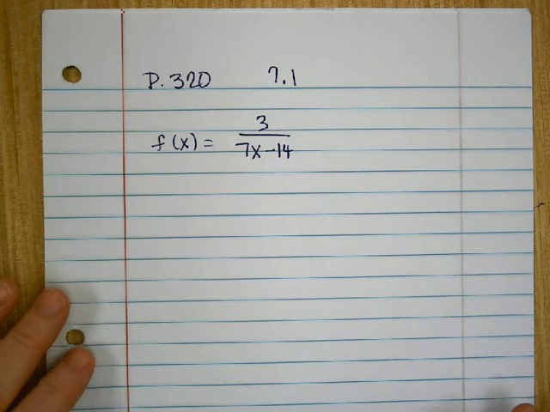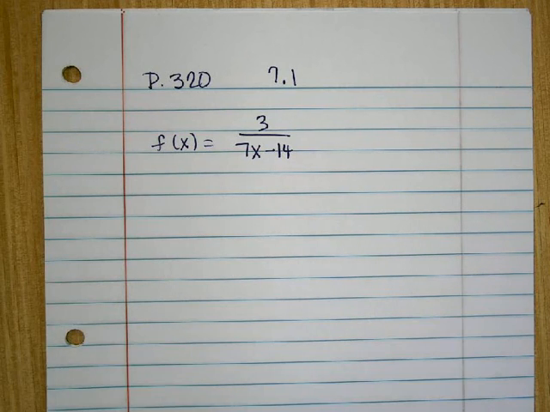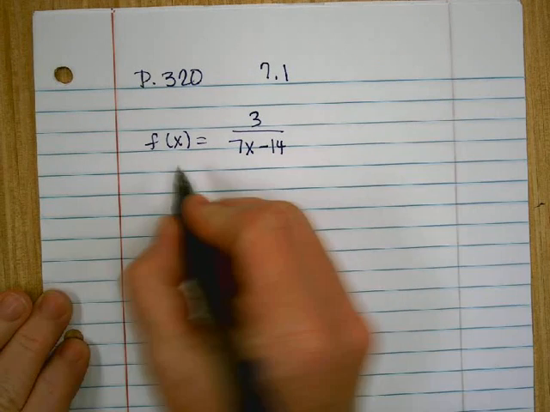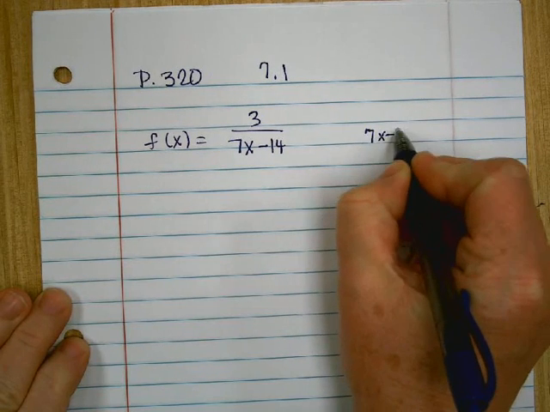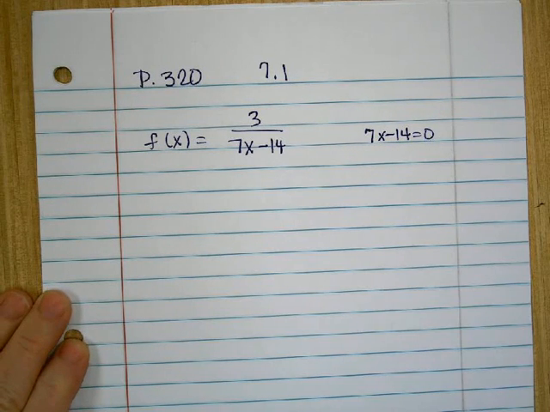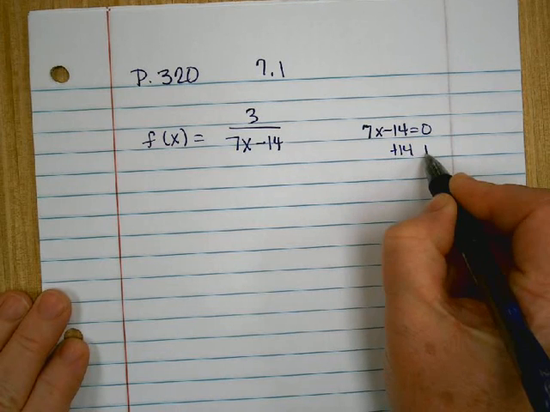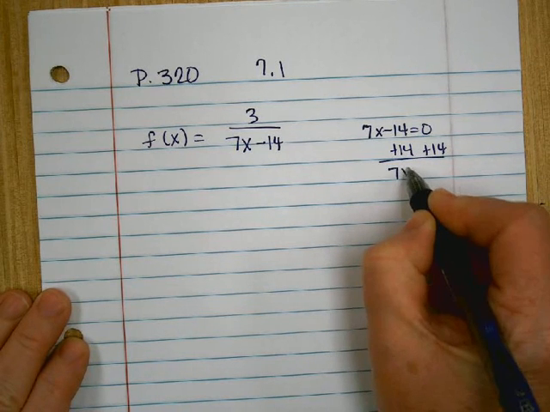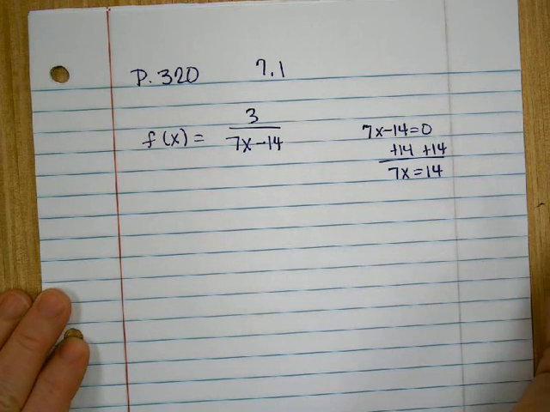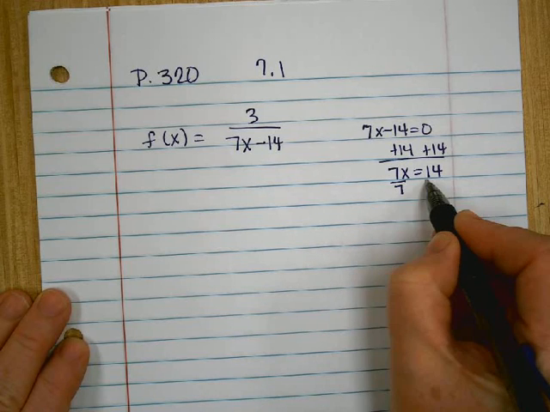So in order to keep it from equaling 0, that's exactly what you have to do, is make it equal 0 so you know what to avoid. So the first thing you need to do is 7x minus 14 equals 0. And then you divide, and x is 2.